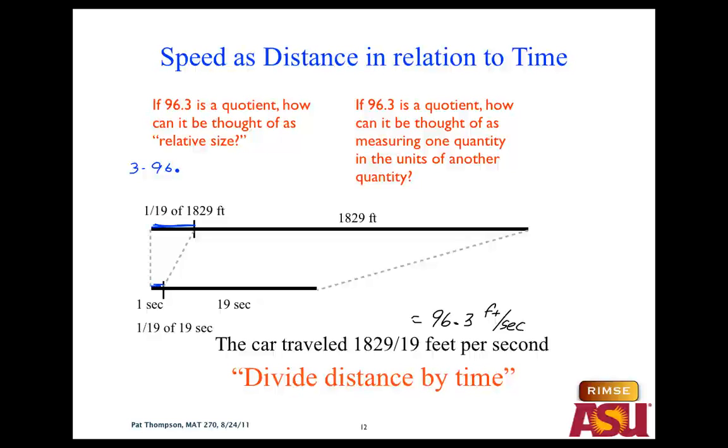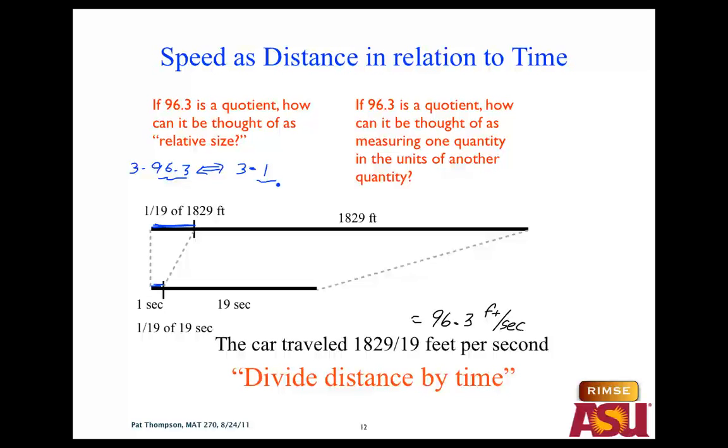So he's saying 3 times 96.3 is going to correspond to what? 3 times 1, right? So these are always relative size relative to another. It's how much the distance traveled is, relative to time. It's the distance, 96.3 feet.